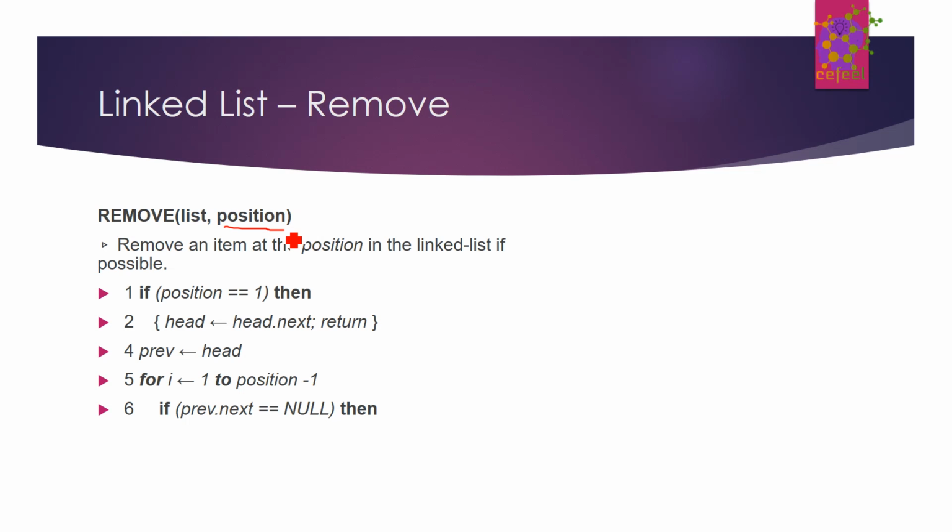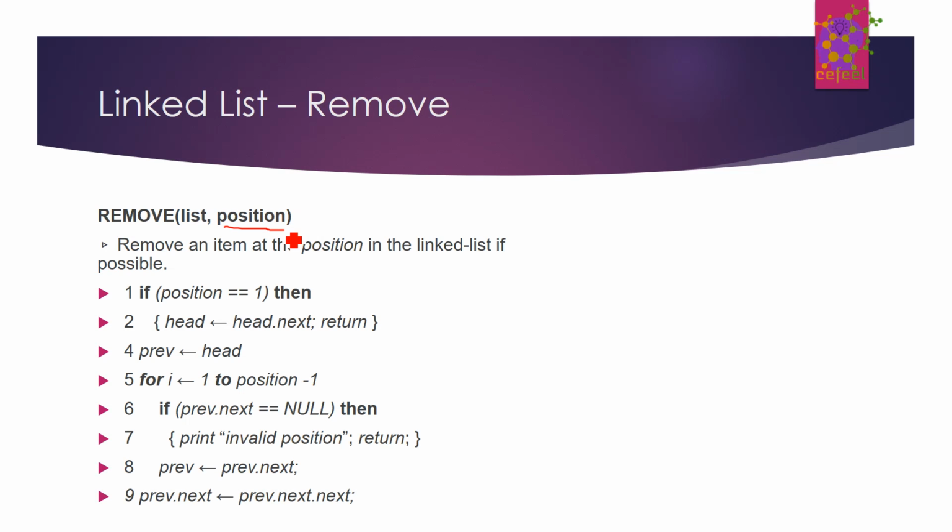That's why we check in step 6: if previous dot next is null, then there is nothing to delete, because the position itself doesn't exist, so we just return in that case. Otherwise we keep moving previous to previous dot next till we reach position minus 1. Once we have reached position minus 1, we have to delete the current pointer. Current is previous dot next. So we make the previous dot next pointer point to the node next to the current pointer, and then we are done.